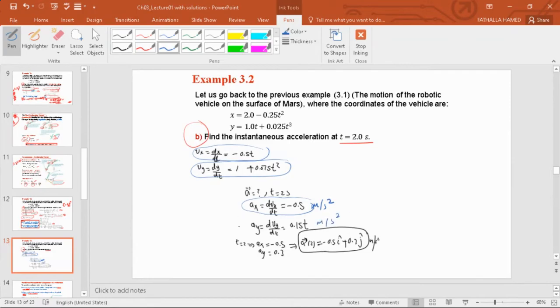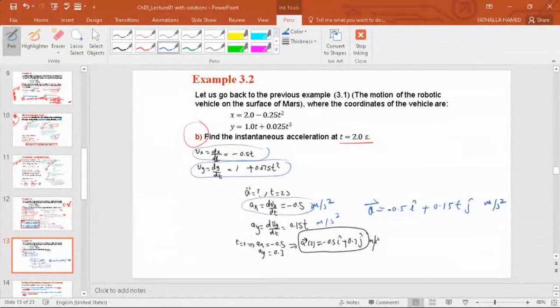So now you have your x component and y component. So your vector here will equal minus 0.5 i plus 0.15 t j hat meters per second squared. Now you want to evaluate that at 2 seconds. At 2 seconds, ax will stay the same because it's a constant, minus 0.5.